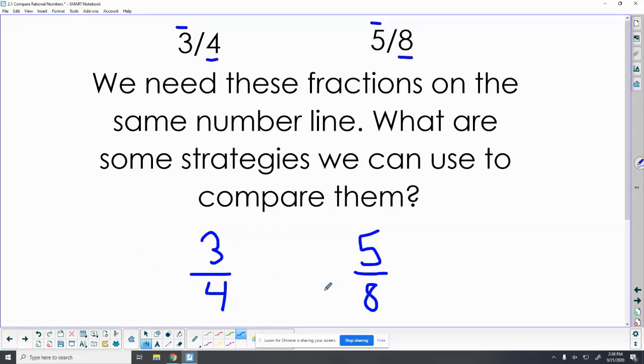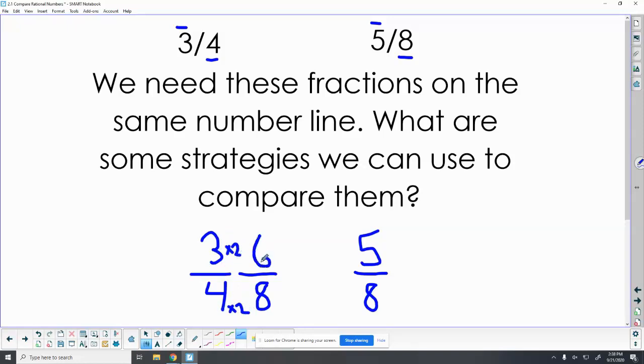So yes, this one can turn into 8ths. How did I get from 4 to 8? Well, that's times 2. Whatever you do to the bottom, you have to do to the top to keep it balanced.